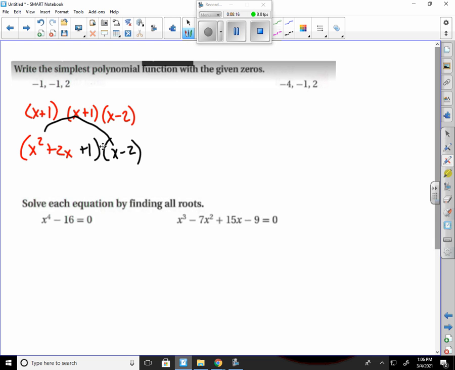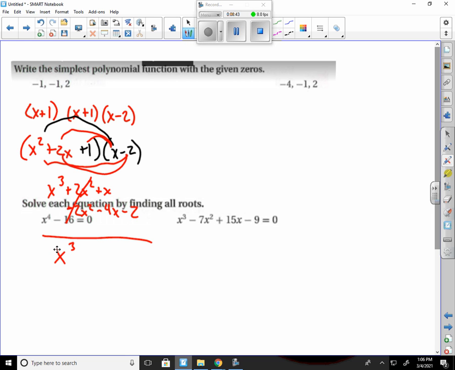Distribute my x to each one of these terms. X to the third plus 2x squared plus x. Distribute my negative 2 to each of those terms. That's minus 2x squared minus 4x minus 2.